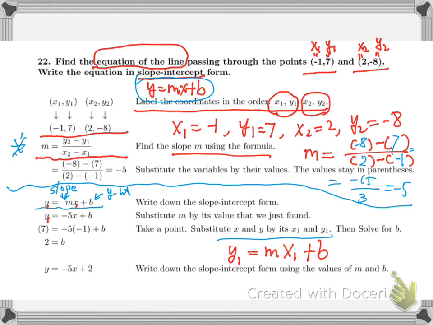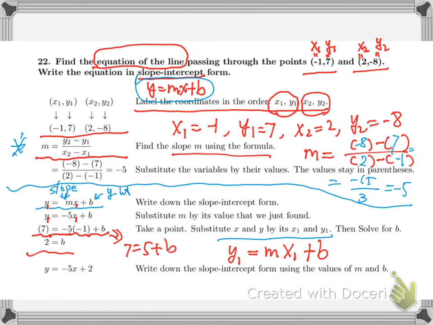Yeah, it's too small, so it's too hard to draw one. y1 is 7, so we got 7 here. Slope is negative 5, x1 is negative 1, so negative 5 times negative 1 plus b. Then from here we got 7 = 5 + b. So b is 2.